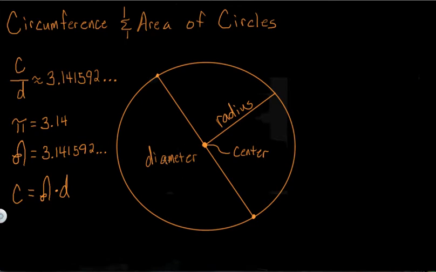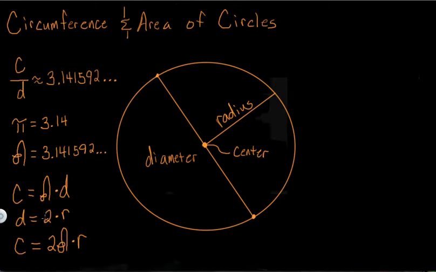And since we know a relationship between the diameter and the radius, that the diameter is equal to 2 times the radius, we can then write the circumference in terms of the radius as 2 times Y, our constant, times the radius. All right, so these formulas we can use to calculate the circumference of any circle.